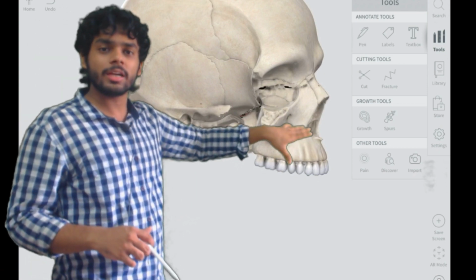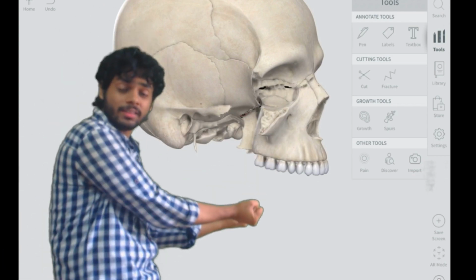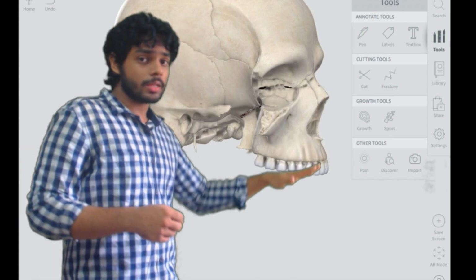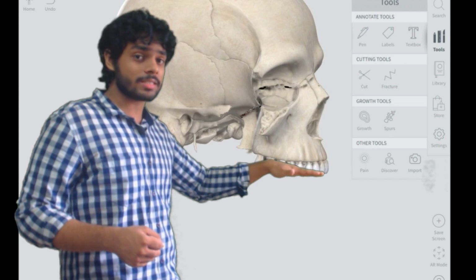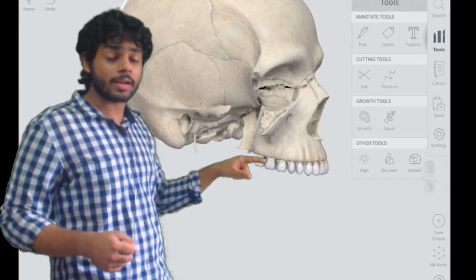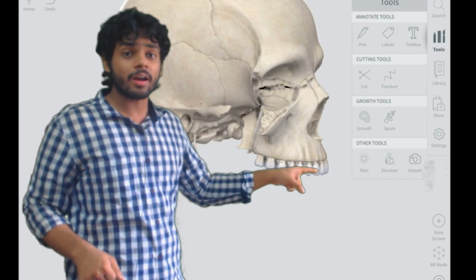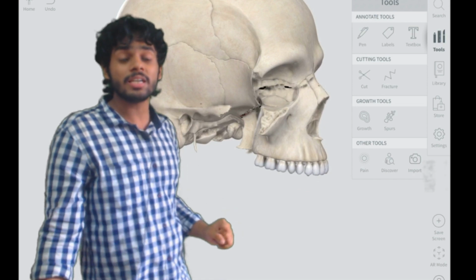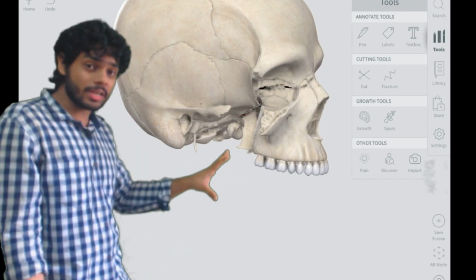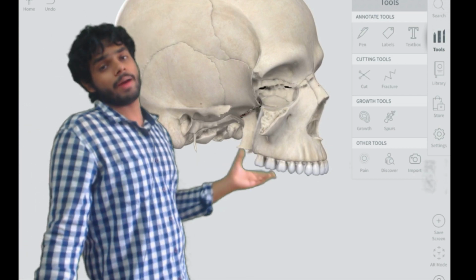So due to the pulling force of the muscle, this plane is shifted like this, and since this plane is shifted, the molars touch each other, and here on the anterior side we can see the open bite. Why? Because the muscle which is present here has been applying the pulling force over the maxilla.